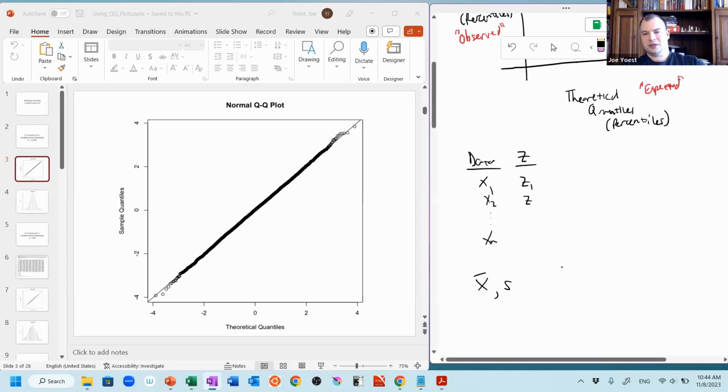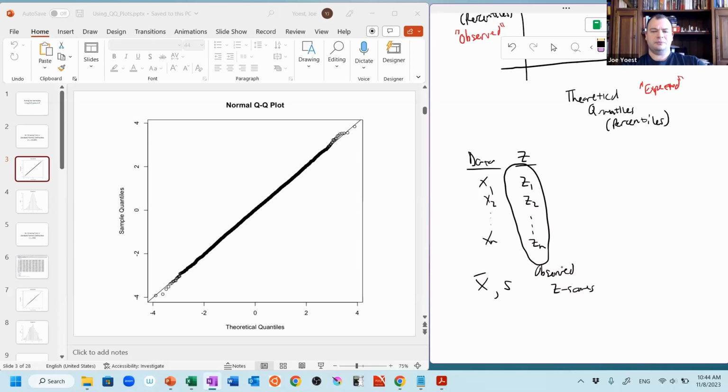In other words, z1, z2 through zn. So these are my observed z-scores. And x1 through xn are ordered. So we're assuming that we've sorted them from smallest to largest already. That's kind of an assumption we've been working off of since we started talking about medians and so on. So these are already sorted in increasing order.